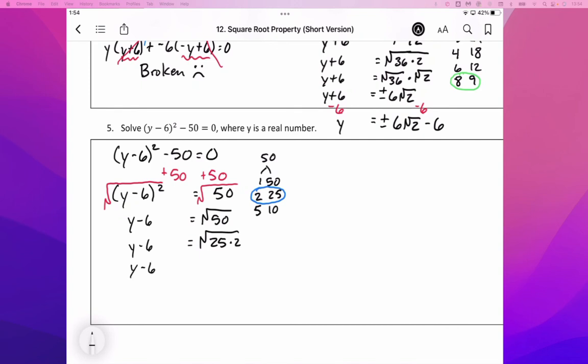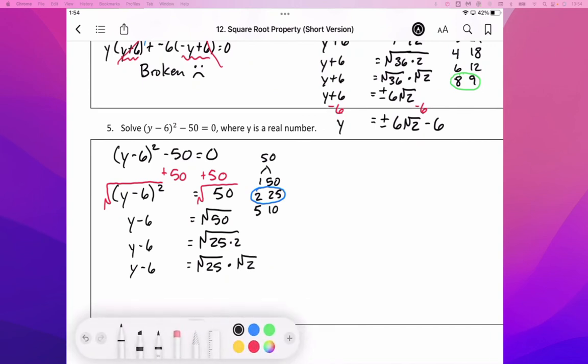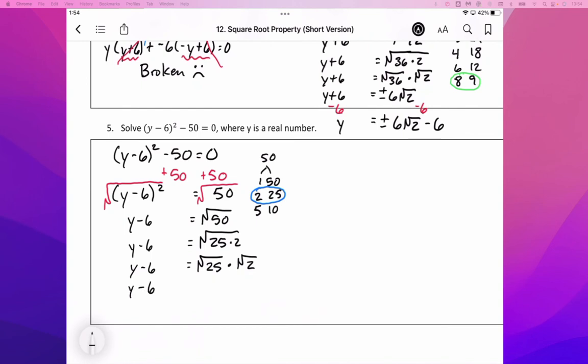Again, for me, I like to break that into its separate pieces. And then I can see that the 25, I'm going to end up with a positive or negative 5 times the square root of 2.